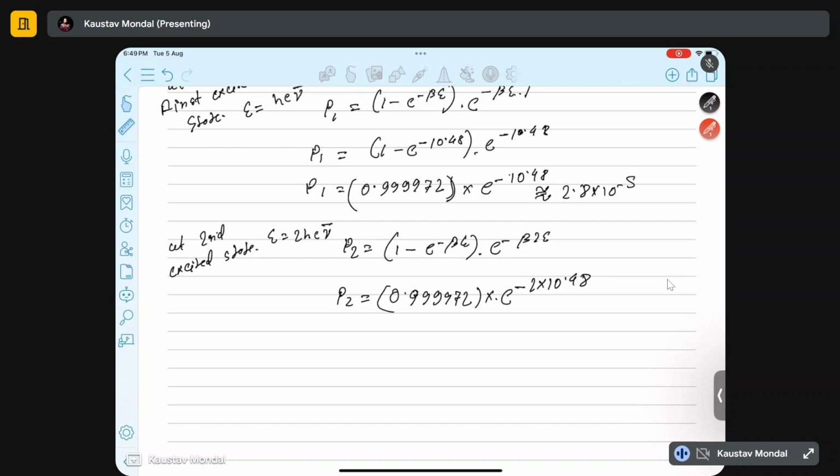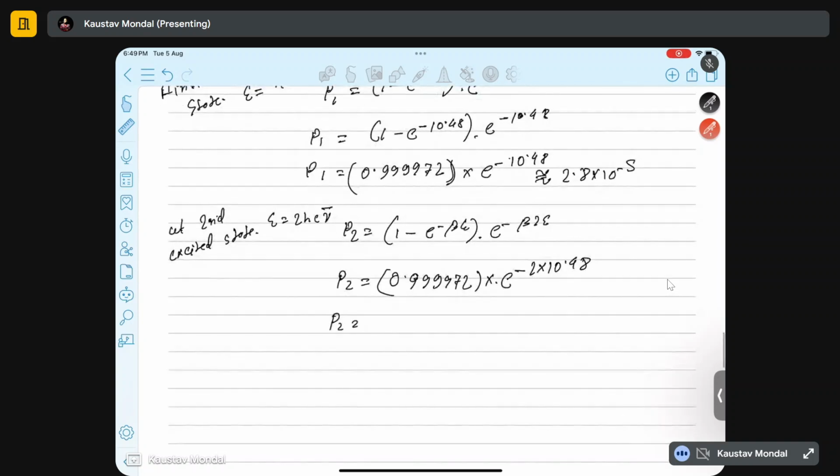So this gives you P2 into 0.99997 into 10 to the power minus 20 e to the power minus 20.98. Now if you calculate this, okay, so if you calculate this gives you 7.8 into 10 to the power minus 10.